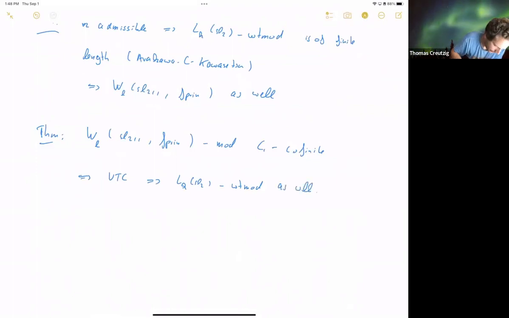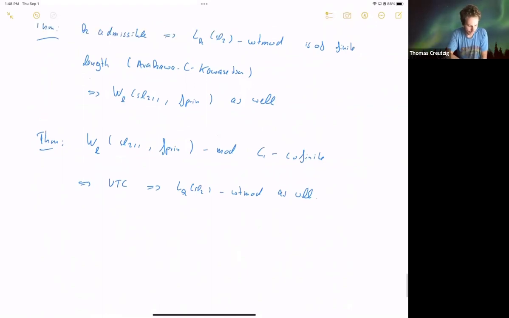Okay. So I wanted to say two things in this talk. I wanted to say that C1 cofiniteness is the key criterion to get tensor category in many cases.